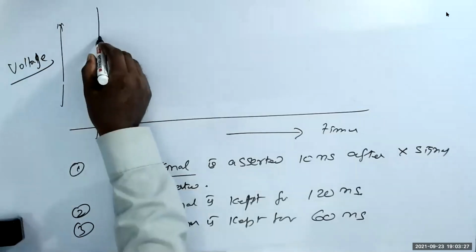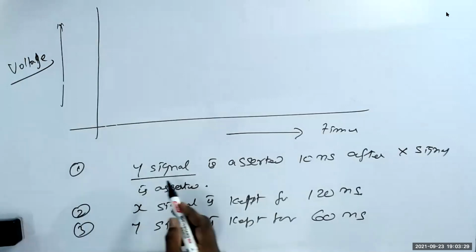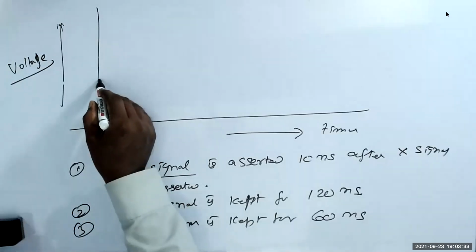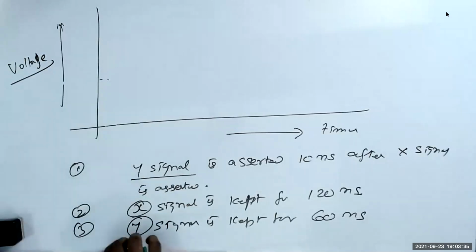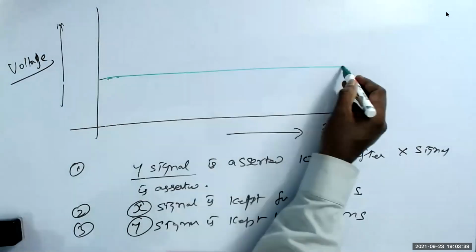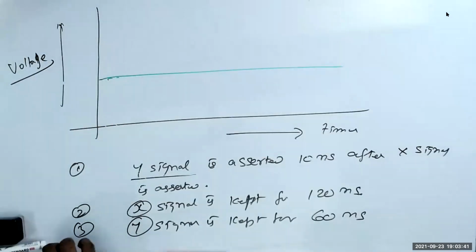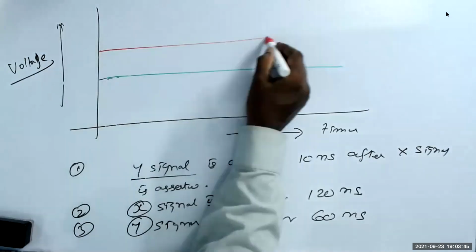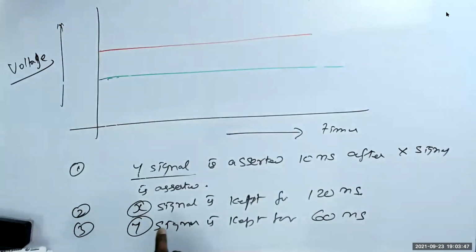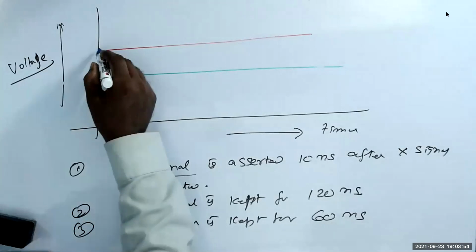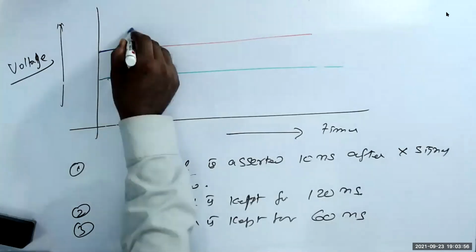Since I have two signals, X and Y, they normally give them different colors: blue for X and red for Y. Now see that I assert the X signal. I make the X signal high.